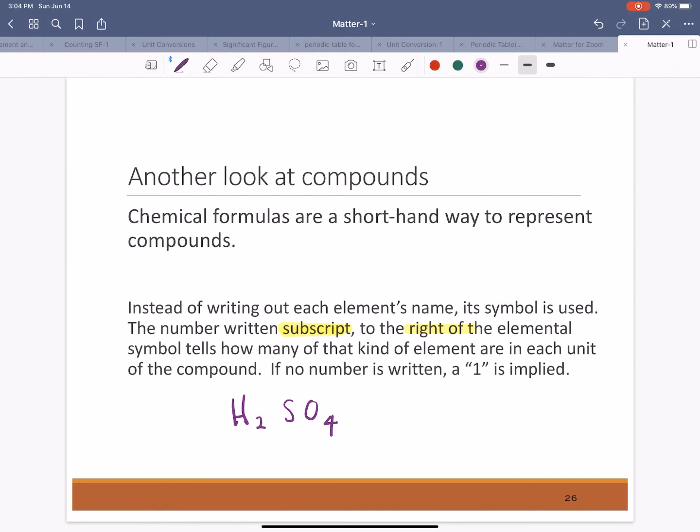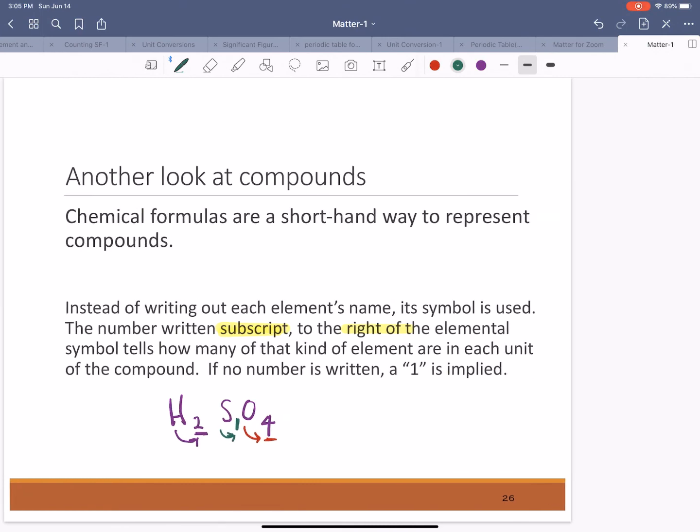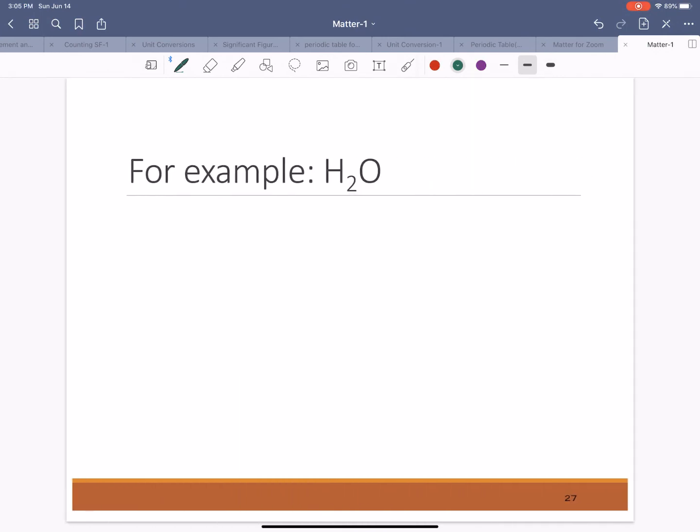The number written subscript and to the right tells you how many of that kind of element. 4 is to the right of oxygen. There are 4 oxygens. The lack of a number here implies a 1. There is 1 sulfur. So, for example, water is written H2O. There are 2 hydrogens and 1 oxygen.